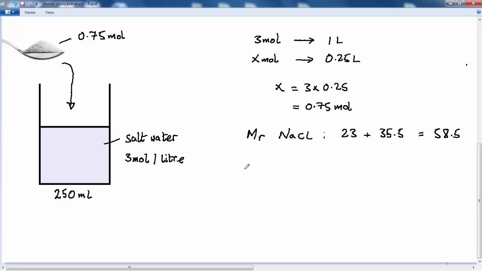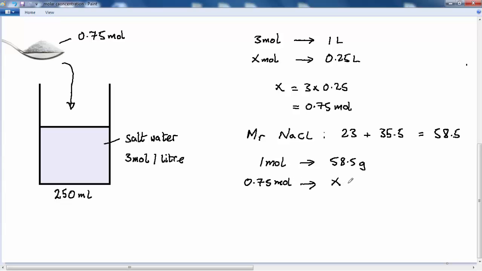So we can make our molar statement again. We can say, therefore, that 1 mole of sodium chloride has a mass of 58.5 grams.